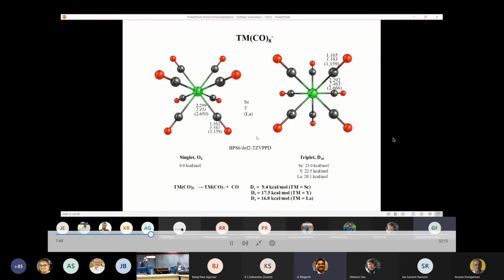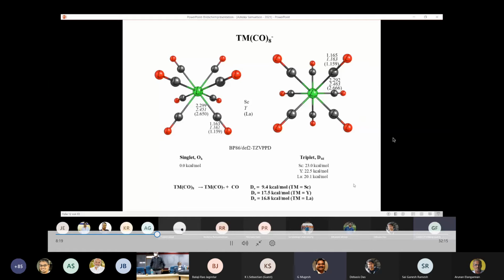we found indeed that the scandium, yttrium, lanthanum anions, here are the bond distances, they form stable singlet structures with cubic symmetry, point group Oh, and the associated triplets are significantly higher in energy. So what he observed was most likely the singlet, which are stable against loss of 1 CO, giving the 18-electron heptacarbonyls.